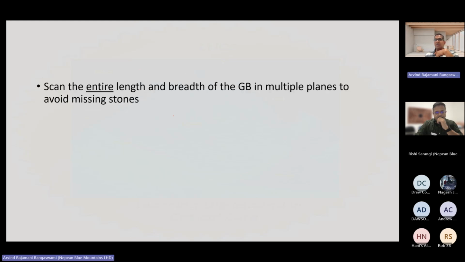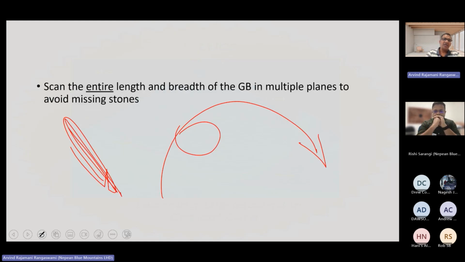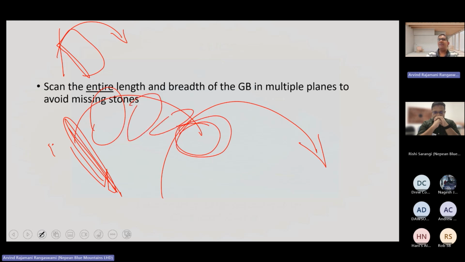And what you have to do is, if this is the long axis of the gallbladder and this is the short axis, don't be happy with just these two. Always do a pan scan of the gallbladder. Once you get the long axis, rotate the transducer fully; it will go from oblique and finally become circular.